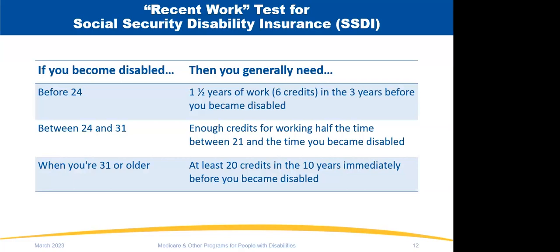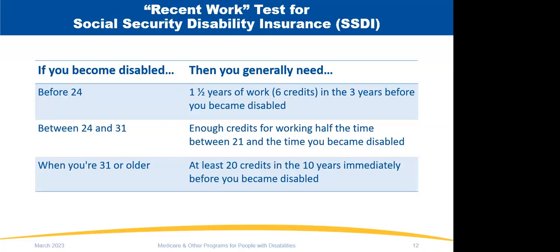So you see here, if an individual becomes disabled before age 22, then they generally need about 1.5 years of work, which is 6 credits, right? Within the 3 years prior to their becoming disabled. If an individual becomes disabled between 24 and 31, they need enough credits for half of the time between age 21 and the age that they became disabled.